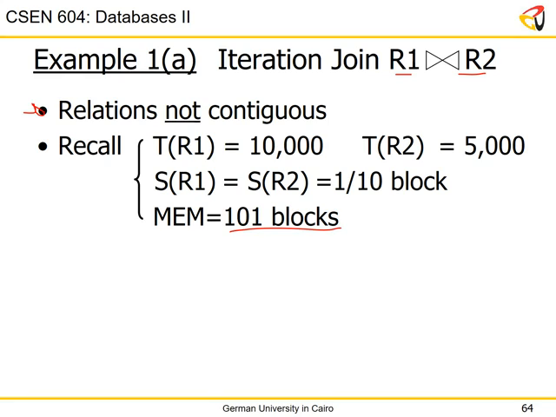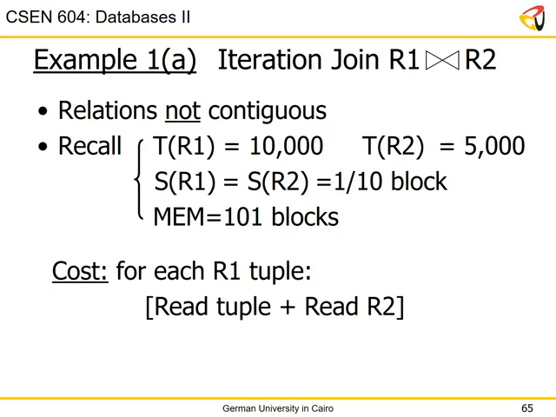Now, let's first look at the case where the relation is not contiguous. Okay? The two relations, R1 and R2, are not contiguous, which means I will spend 1 IO to read 1 row. Okay? Now, how does this compute? For each R1 row, I will spend 1 IO reading a row from R1, and I will read all of R2.